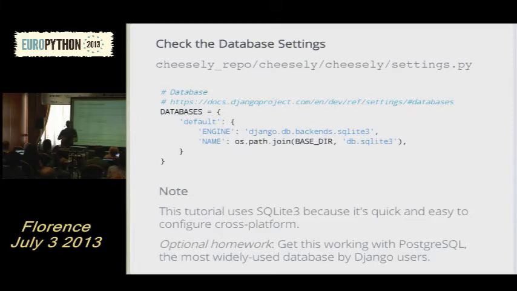So we're going to go really deep into the cheese. Sorry, that's so bad. All the way down into cheesely repo, cheesely, settings.py. This is where we configure Django. Inside of there, if you do a search on databases, I think this is already there. Django itself creates it, so you should see this setting right here.